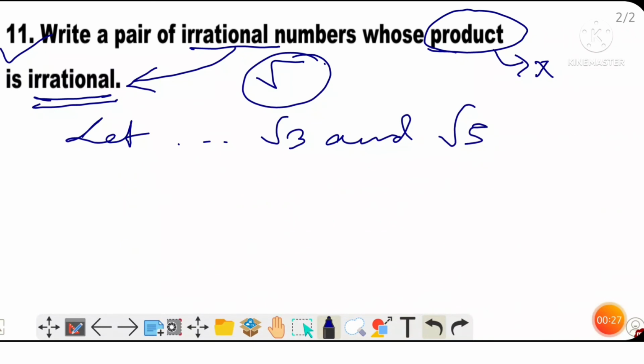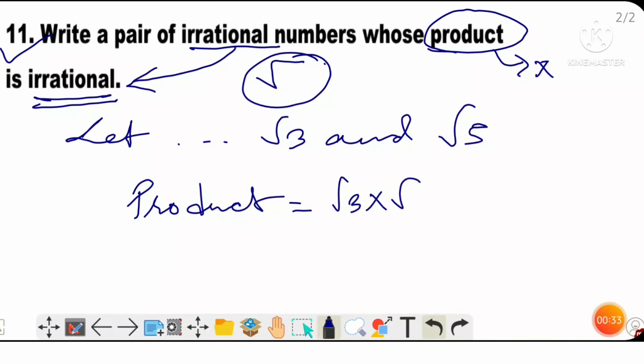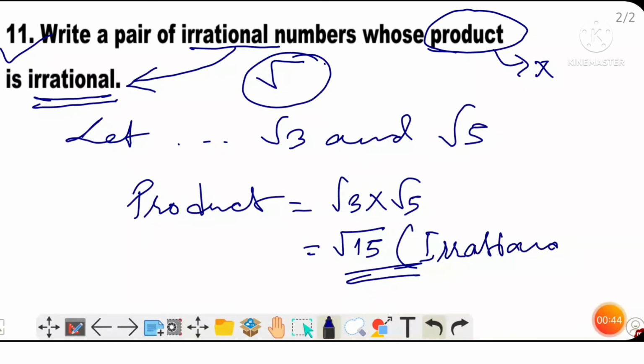You can take any other number and find their product. So we have here root 3 into root 5. Multiply 3 and 5, we'll have 15. So yes, 15 cannot come outside the root. That means it is an irrational number. So we'll have to take the different numbers for that.